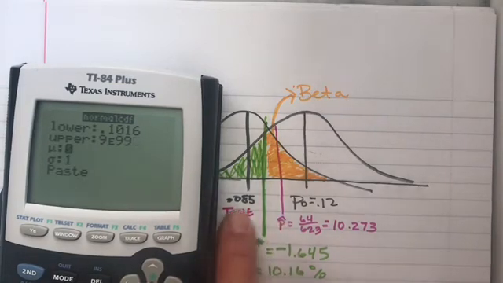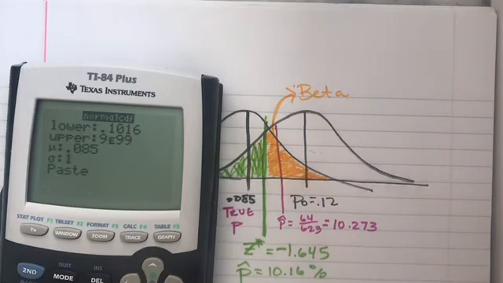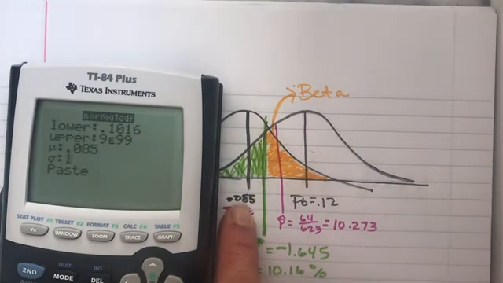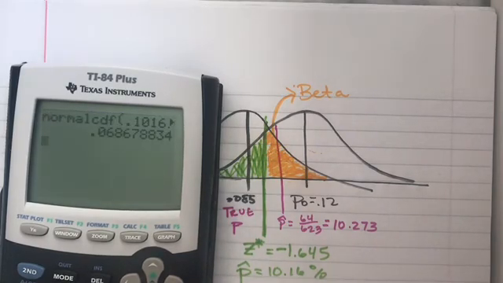And then my mean is this new proportion, P, 0.085. And my standard deviation is going to change because my standard deviation is now based on my new p-value. So square root of 0.085 times 1 minus 0.085 divided by our sample size, which is still 623.